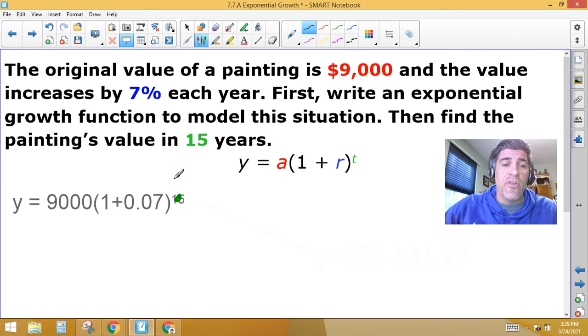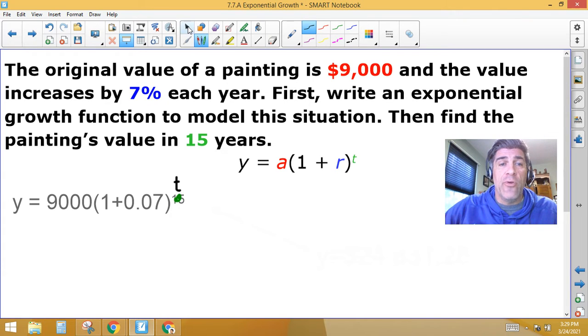Because if I want to just create a function for this situation, it's increasing 7% a year at $9,000. It's going to be y equals 9,000, which is my initial value, times 1 plus 0.07, because that's the percent, to the t power. That represents this situation for any amount of years.